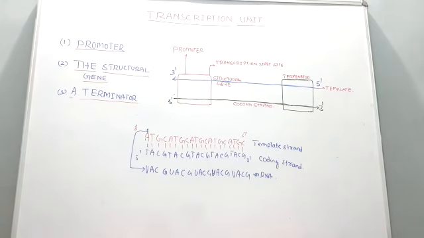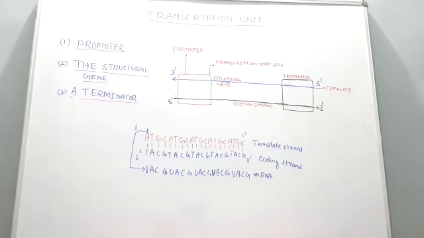A pairs with T, T pairs with A, because this transcription phenomenon is governed by complementarity, isn't it? So A pairs with T, T pairs with A, GC, CG, vice versa. So this is about the coding strand.